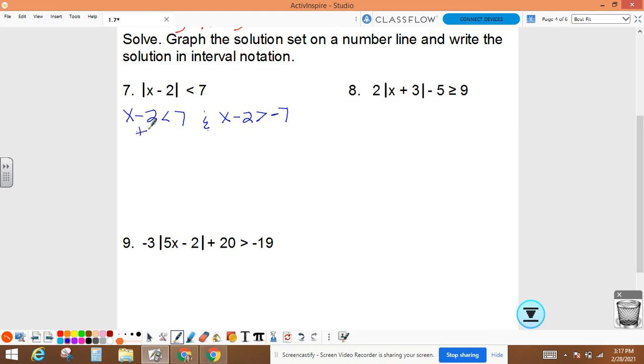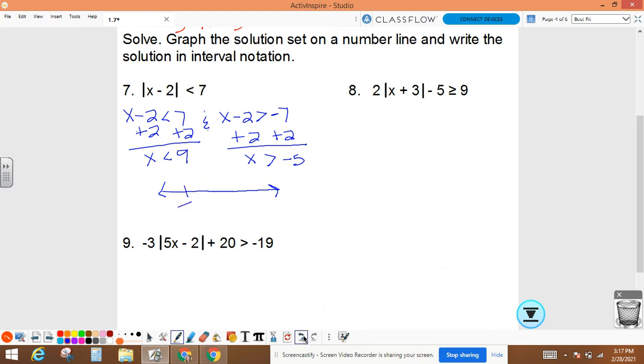So we add 2, and we get that x is less than 9. Here we add 2, and we get that x is greater than -5. All right, so on a number line, stop and think before you just write your numbers down. -5 comes first on the number line, so we're going to put -5 here, and 9 on this side.